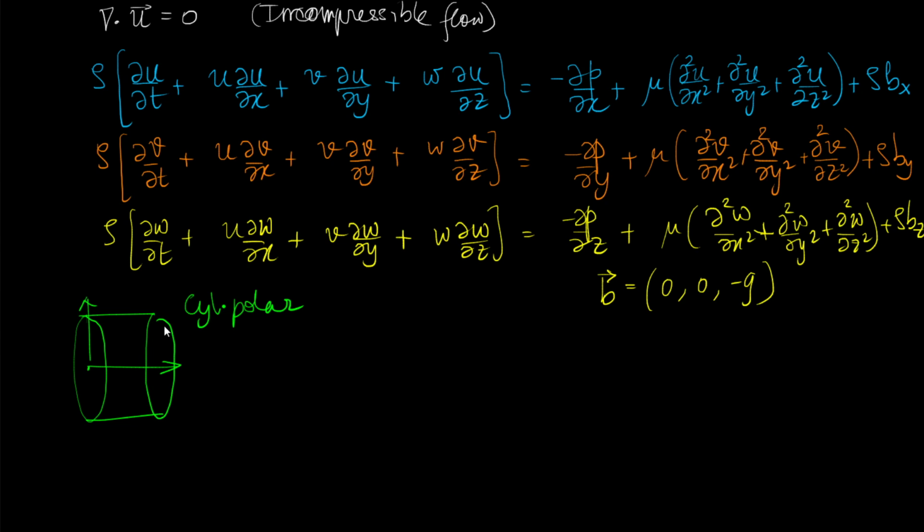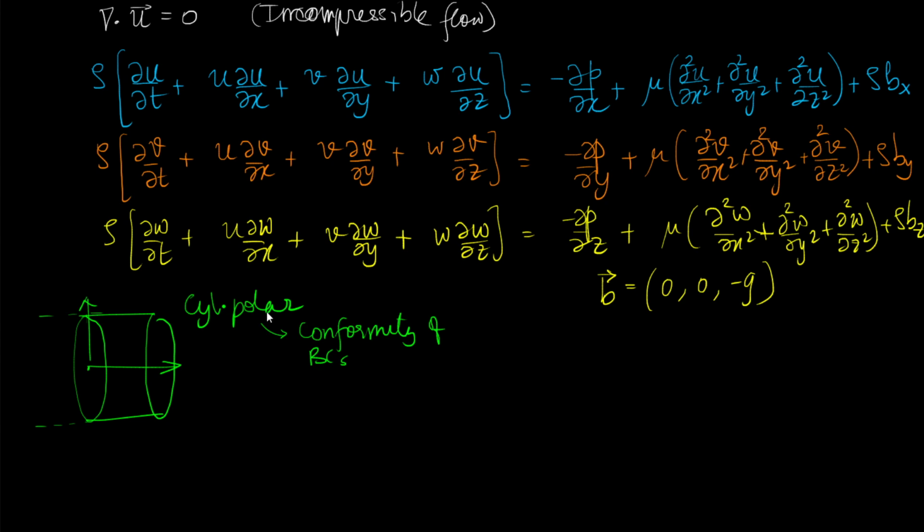So cylindrical polar coordinate system, obviously, it does not make any difference as to what coordinate system you use, but finding the solution mathematically is far easier in cylindrical polar coordinates for flows through pipes. And the primary reason is the conformity of the boundary conditions.